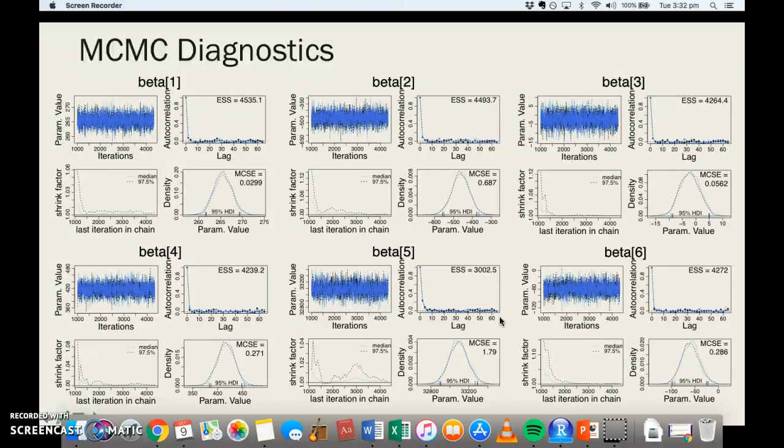The shrink factor plot in all of those is fine. MCSE looks good in all of those, and they all look to be mixing. The chains look to have mixed well. So the diagnostics look fairly good here, except for perhaps beta 5.